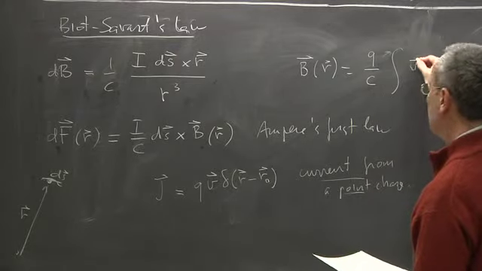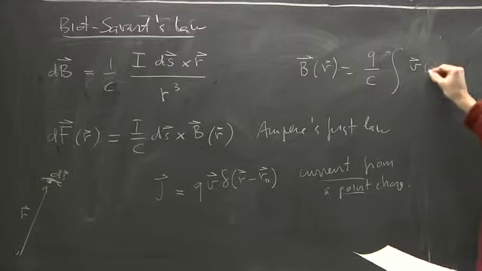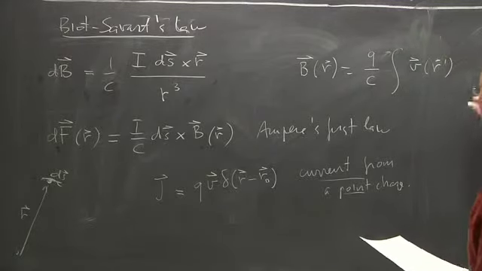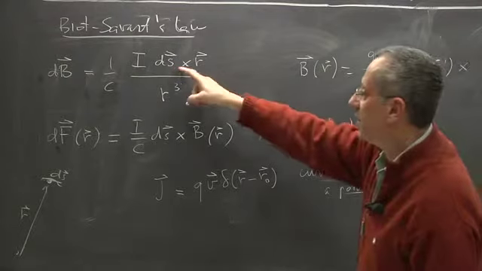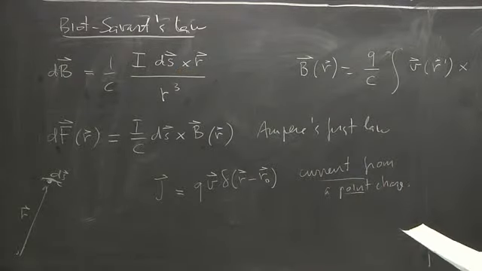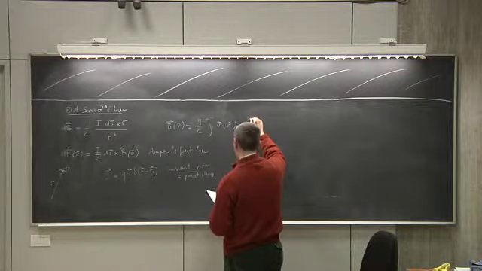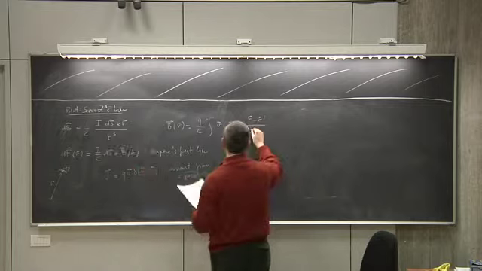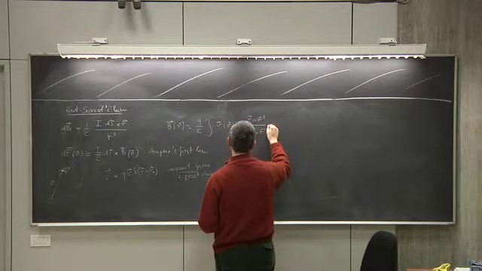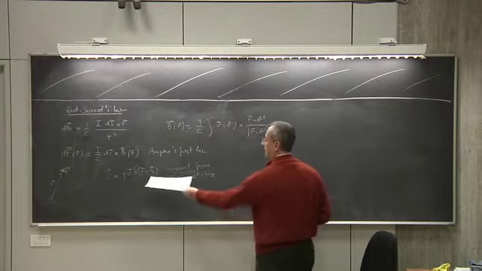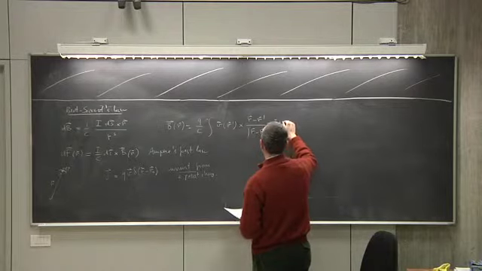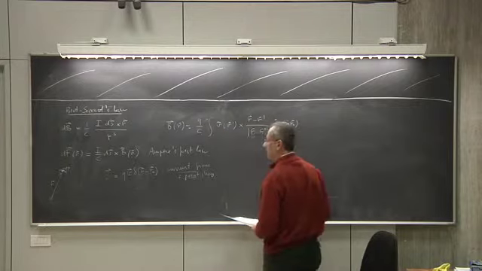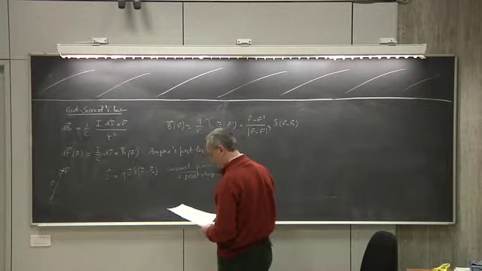So I have v at the point R prime, where I'm doing the integral, times R minus R prime divided by the cube of R minus R prime. And then I get this delta function that is telling me where in space this charge is, this R naught.